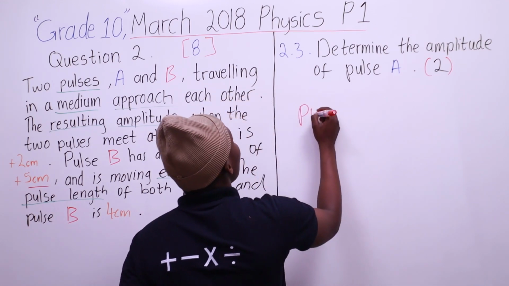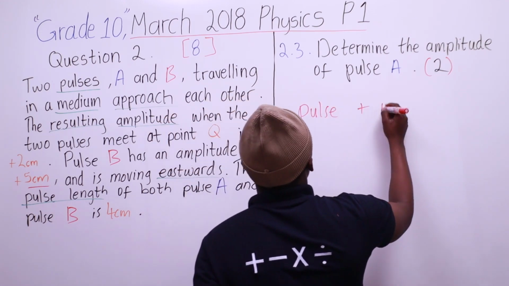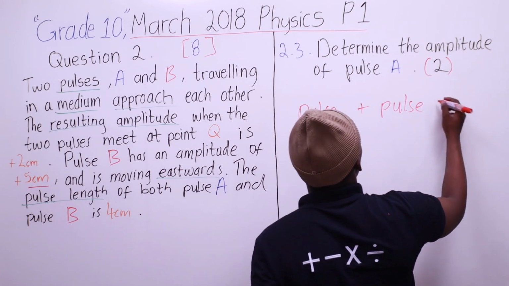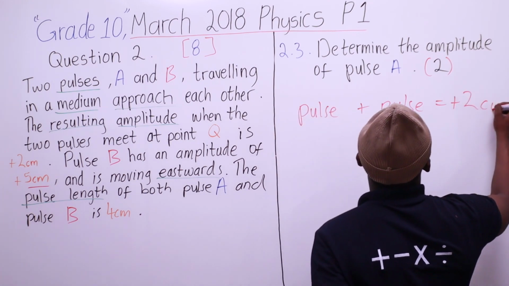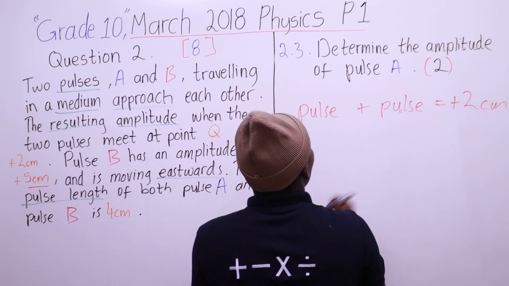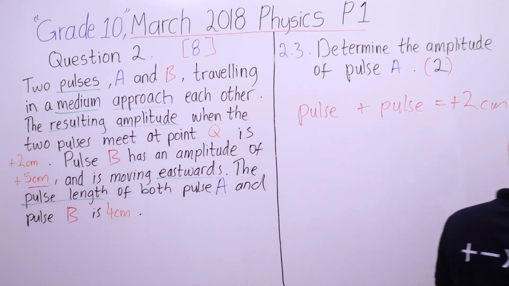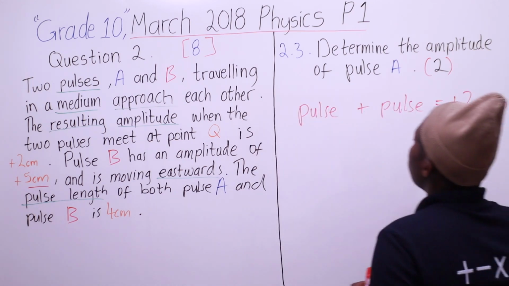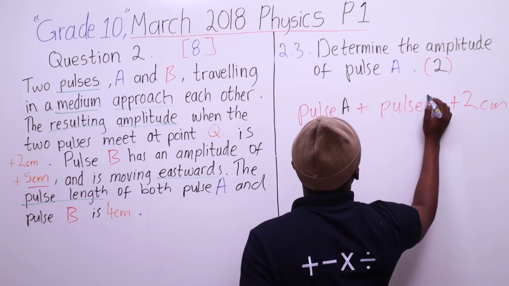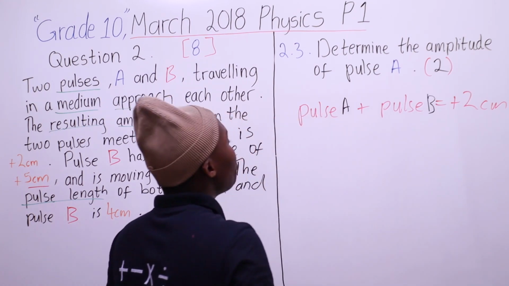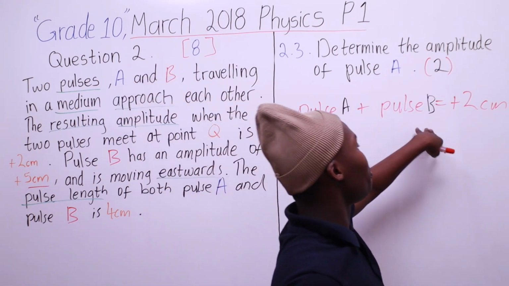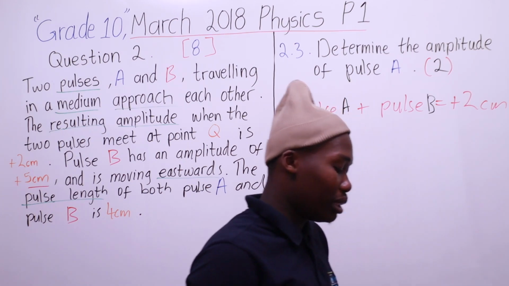So positive 2 centimeters. So pulse A and pulse B. So the amplitude of pulse A plus the amplitude of pulse B gave us positive 2 centimeters.